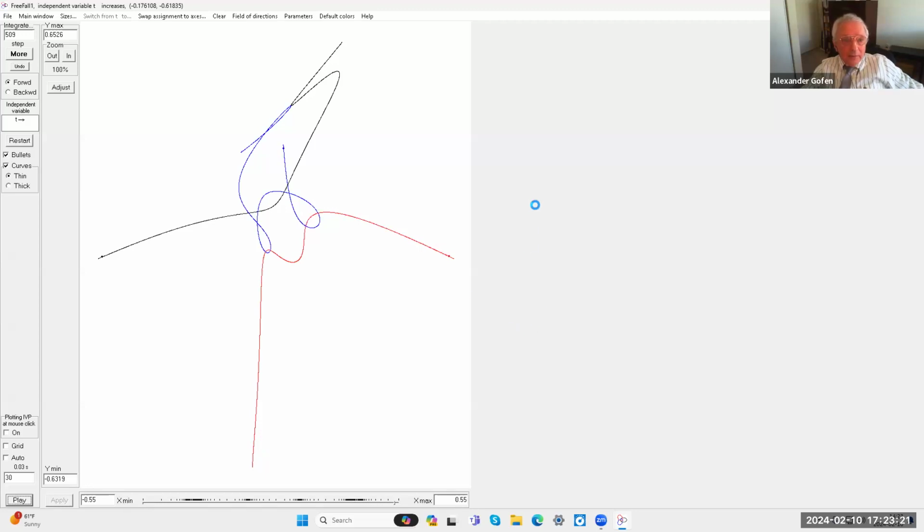This example clearly demonstrates how you can model and simulate complex processes for your teaching of various topics of applied mathematics.